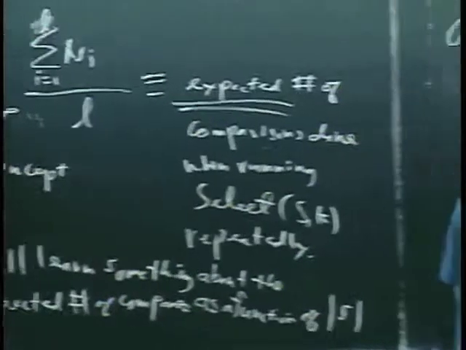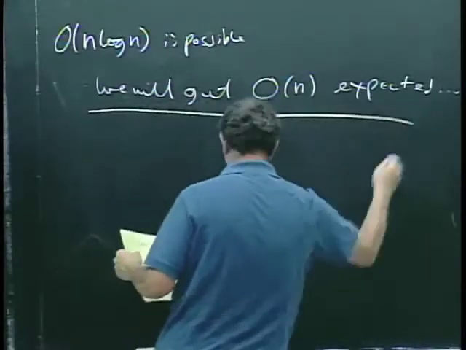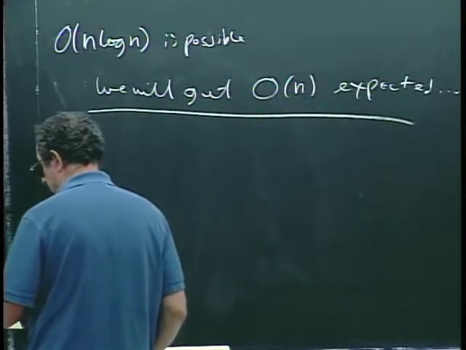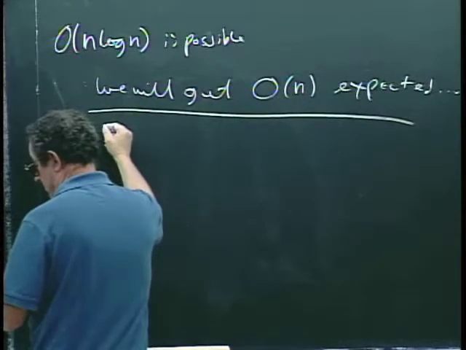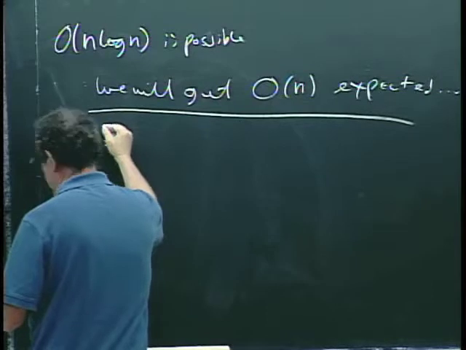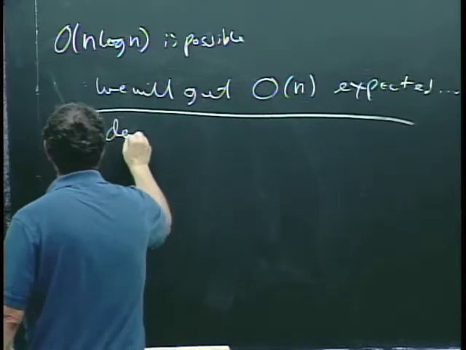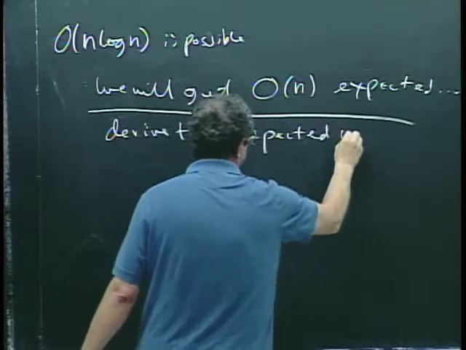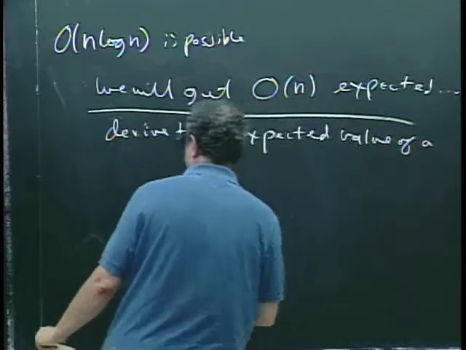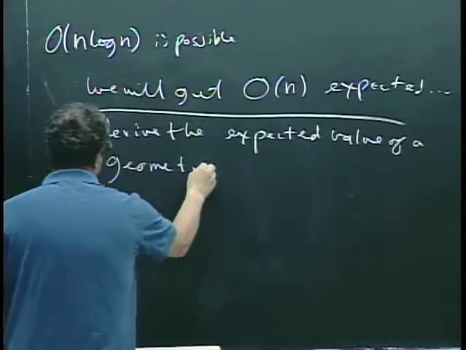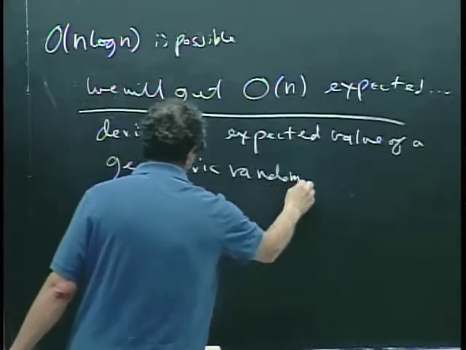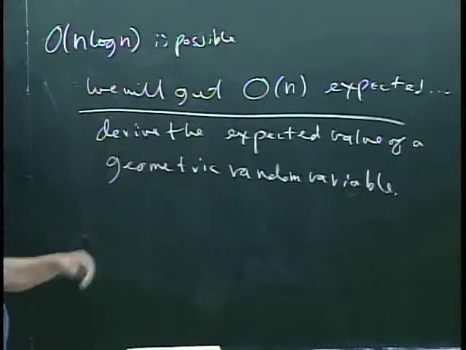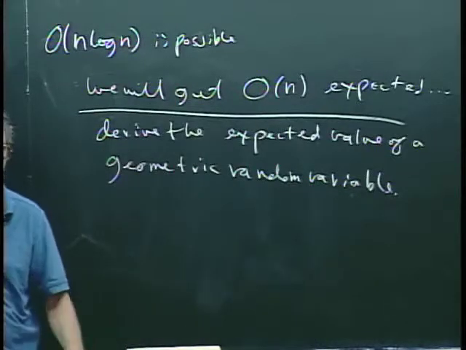The second thing is, now we want to derive the expected value of a geometric random variable, because this is going to be central in the analysis that we're going to do for select and then ultimately for randomized quicksort.